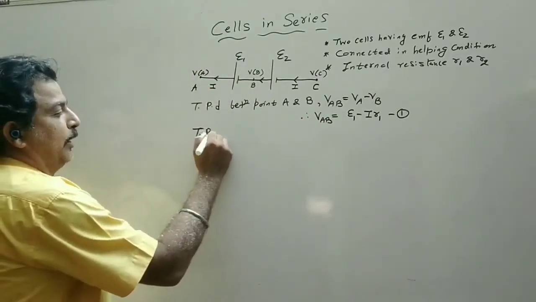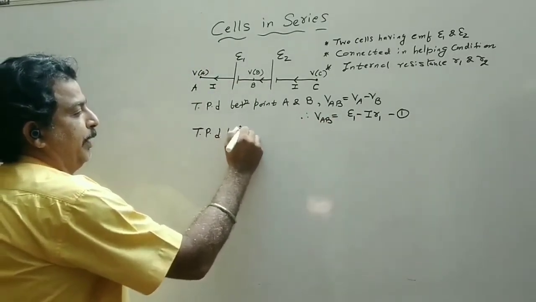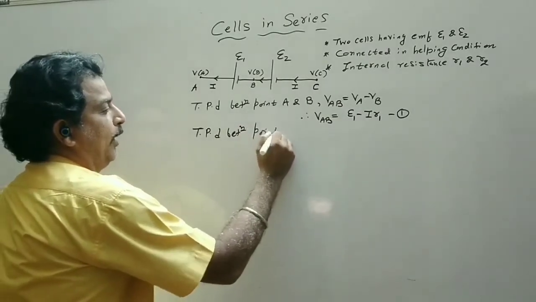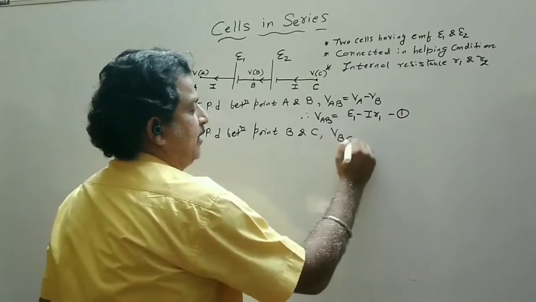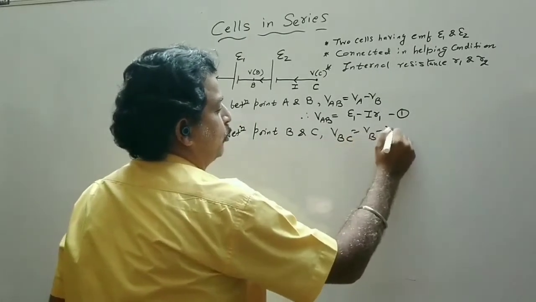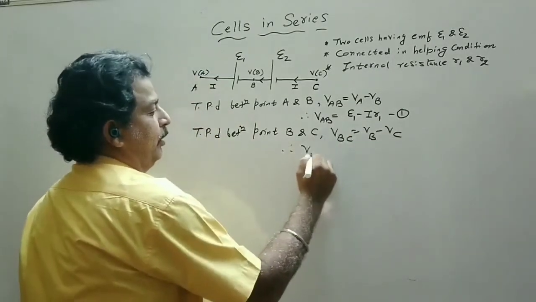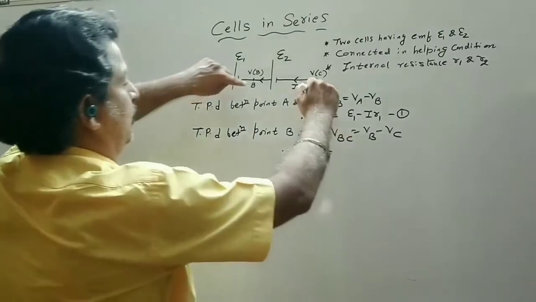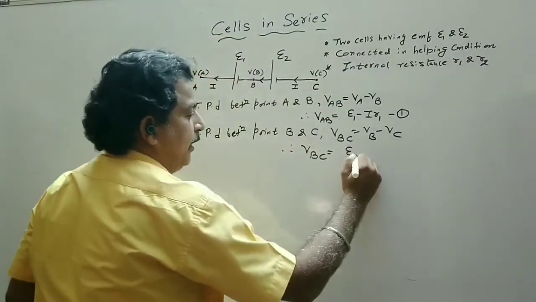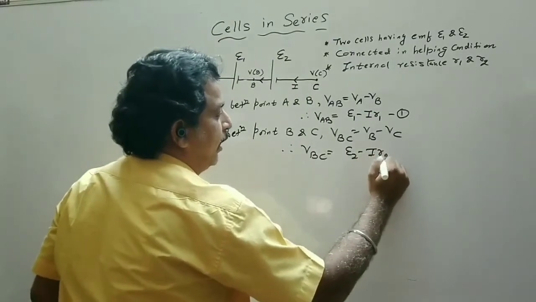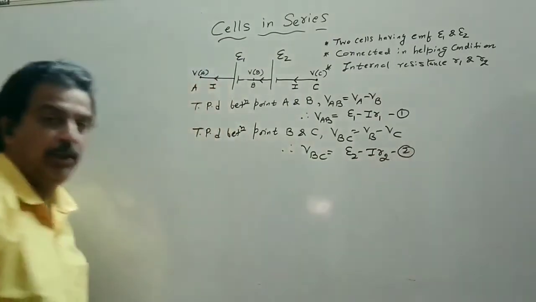So the terminal potential difference between point B and C, that is VBC, is equal to VB minus VC, and therefore VBC, that is the terminal potential difference, the current is being drawn, so it should be E2 minus IR2. So this is equation number 2.